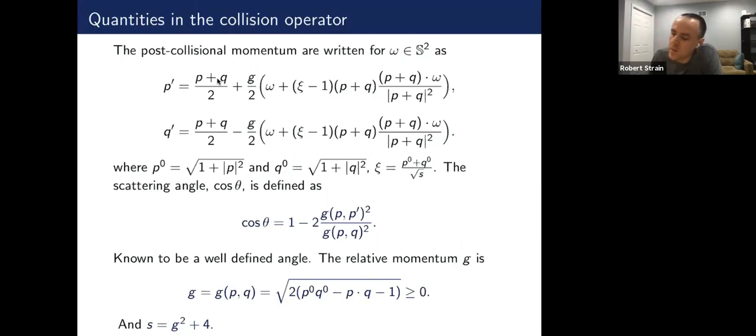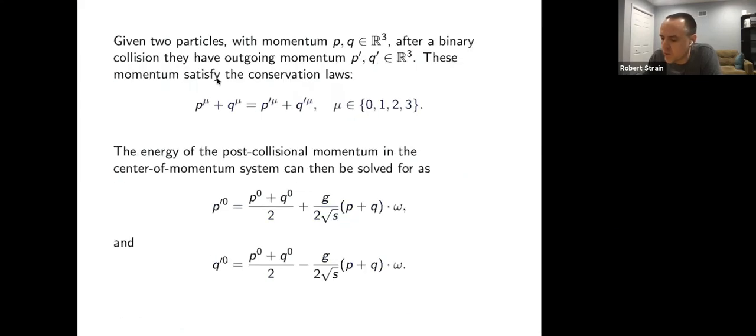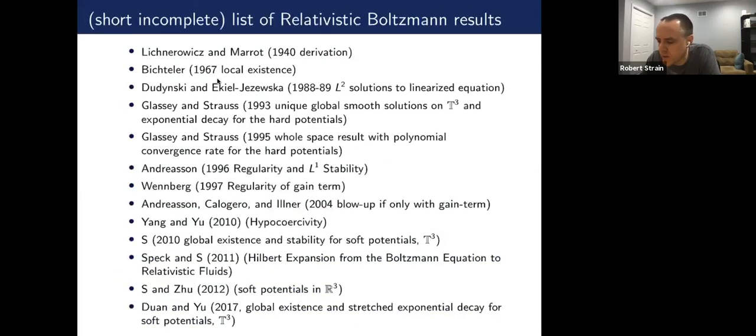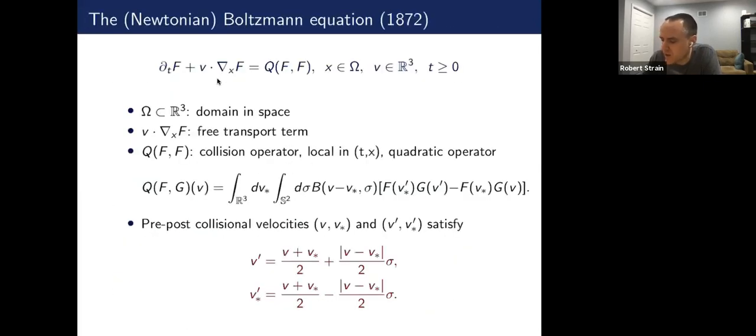These quantities cannot be written as a function of theta. And that's something you can do in the Newtonian case. So if I skip ahead, these analogous quantities can be written as a function of cosine theta. So that's a substantial difference.